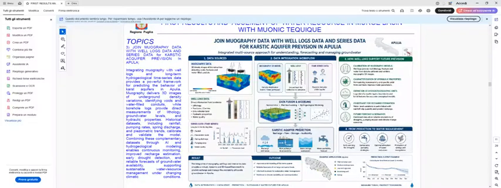So one of the topics of this work is to establish a predictive model of the behavior of this karstic aquifer, to underline the quantity extraction, and understand what the behavior of the aquifer will be. To do this, you also need the calibration of data with well log data.